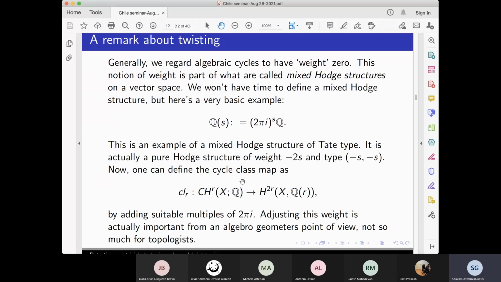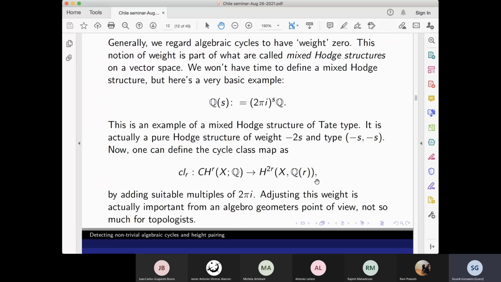And then we define the cycle class map as having values in this particular group. So all we are doing is not just taking the fundamental class of the subvariety, we are adding suitable multiples of 2 pi i.